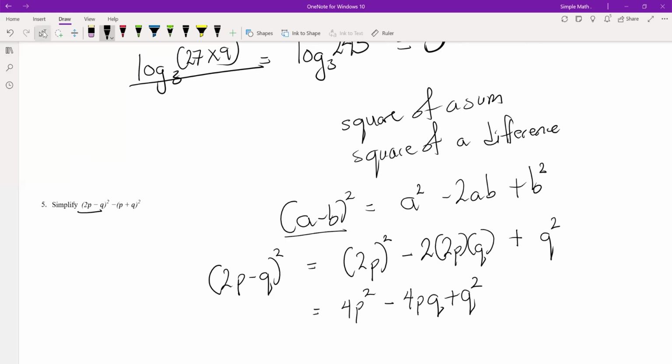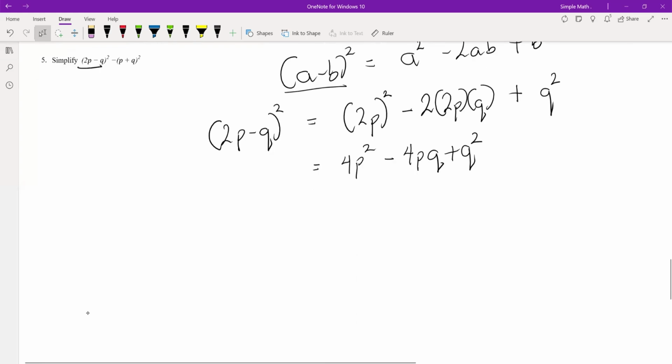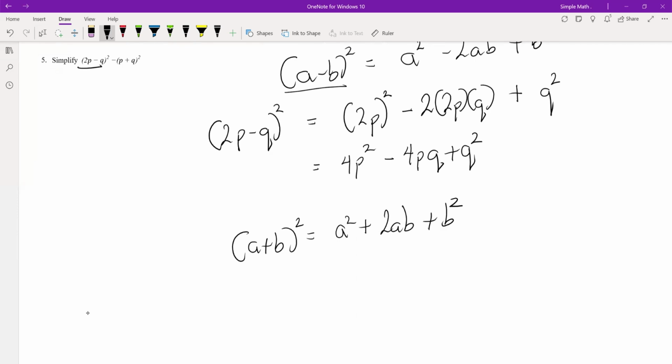And then for p plus q all squared, we know that a plus b all squared is going to give us a squared plus 2ab plus b squared. If you want to expand it your own method, it's fine. This is just a faster way.